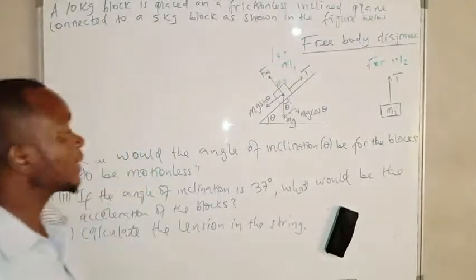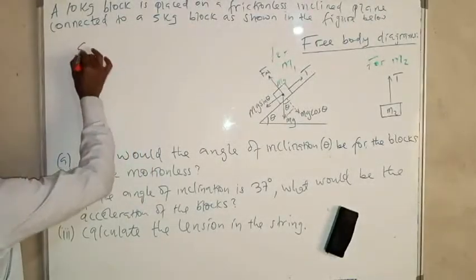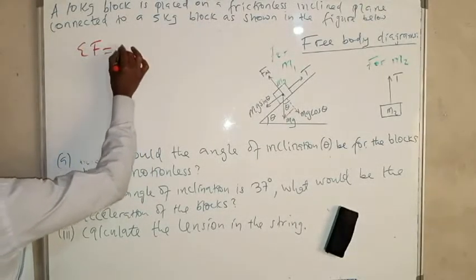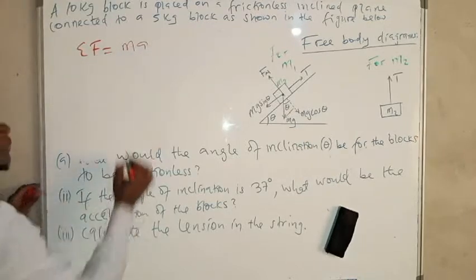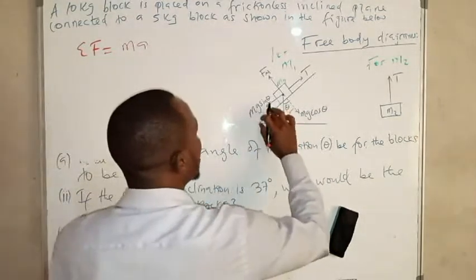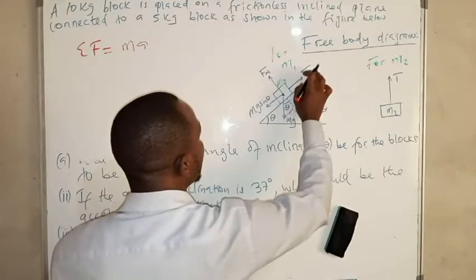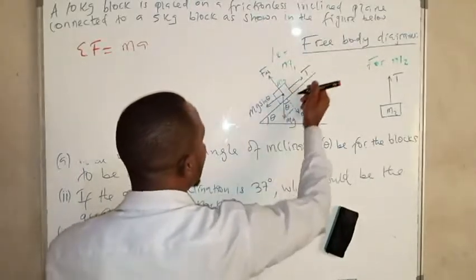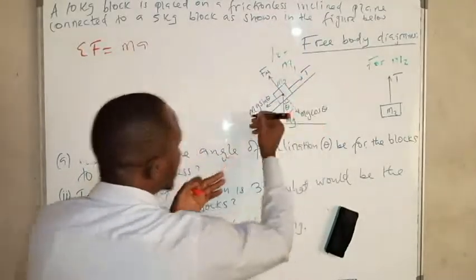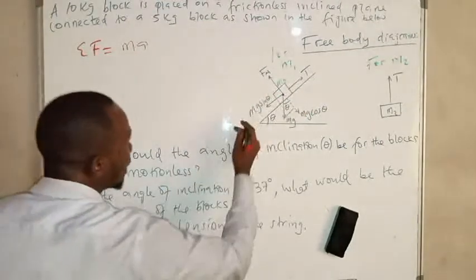In a circumstance such as this, the summation of forces must be equal to ma. So the summation of forces in this direction: we have T going in this direction, and mg sine theta going in the opposite direction.